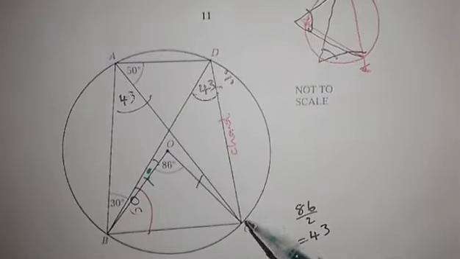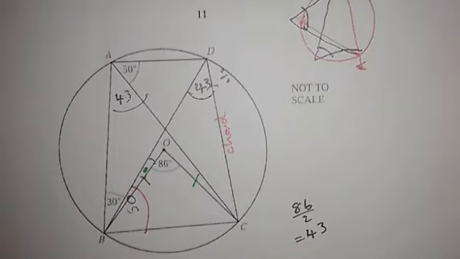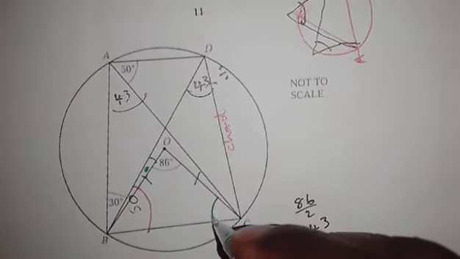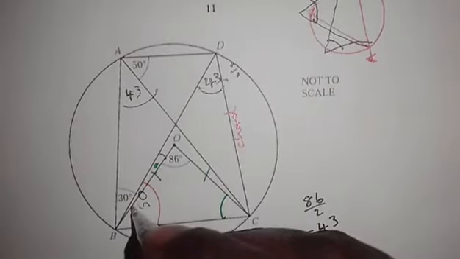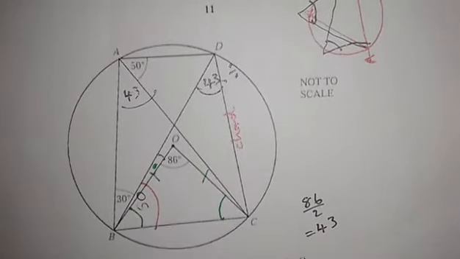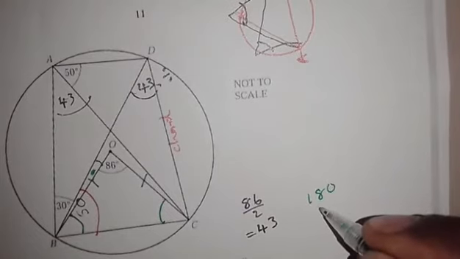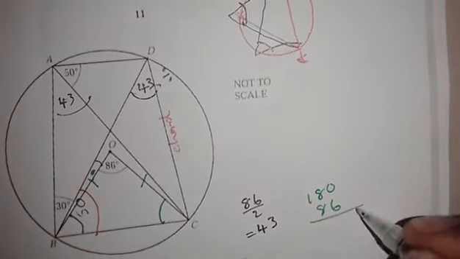So O to C is a radius, O to B is a radius, which gives an isosceles triangle, as explained in the previous chapter, where base angles of an isosceles triangle are equal. So the angle at C inside triangle OBC and the angle at B inside triangle OBC are the base angles of isosceles triangle OBC, so they are equal. How do we find those angles? You take 180 minus 86, which is at the center.